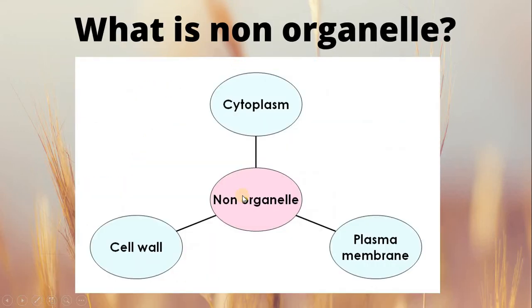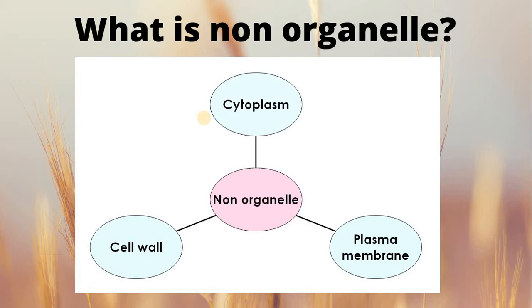Now we look at the components of the plant cell and animal cell in detail. So what is a non-organelle? Non-organelle refers to a structure or component which is not an organelle. An organelle refers to a tiny structure inside the cytoplasm.